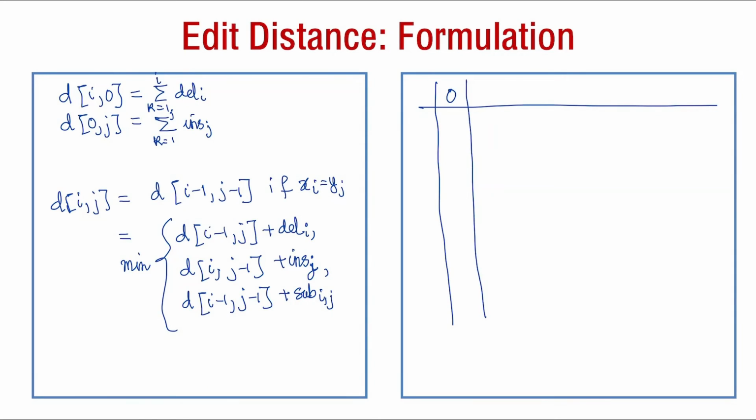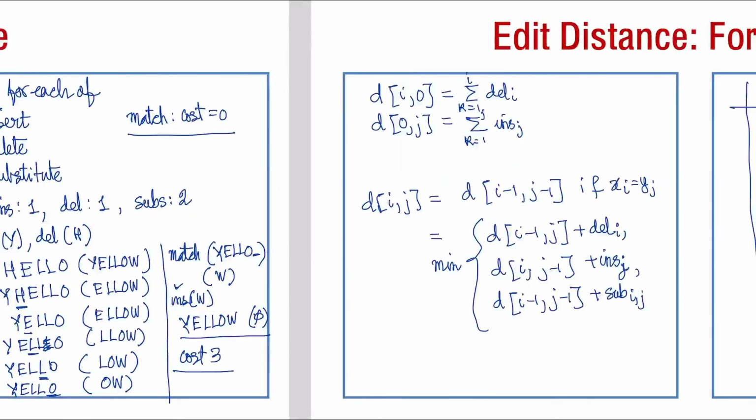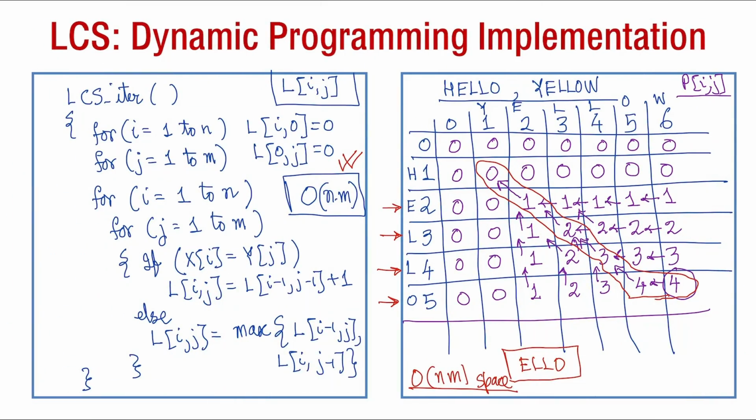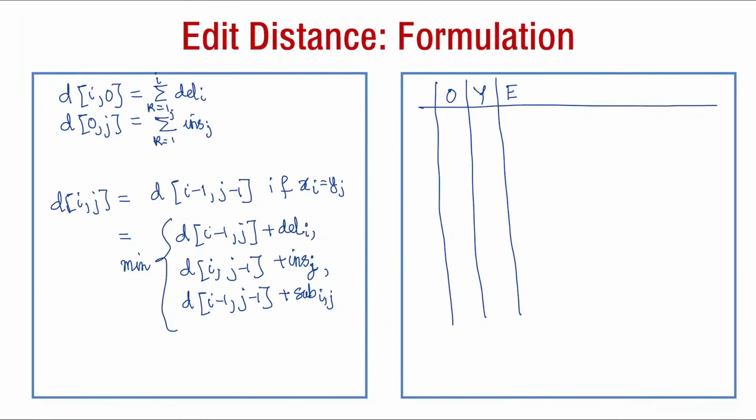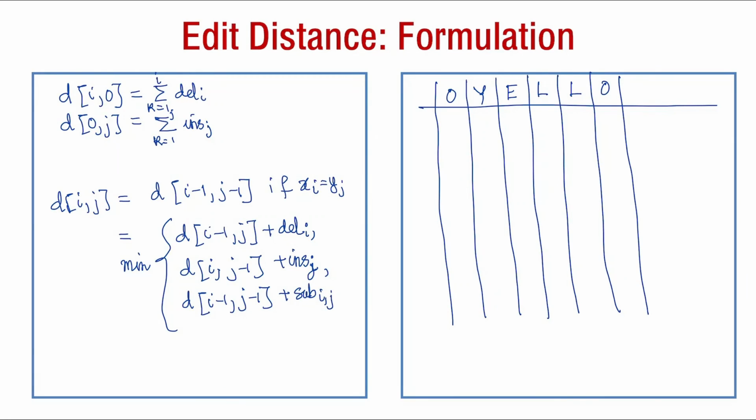So here again we are going to have the match of yellow and hello. So we will write down YELLOW. So this is 0, this is 1, this is 2, this is 3, this is 4, this is 5, this is 6.